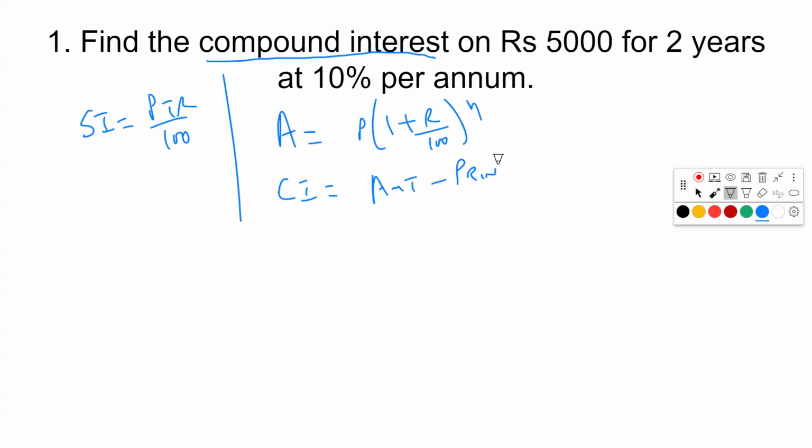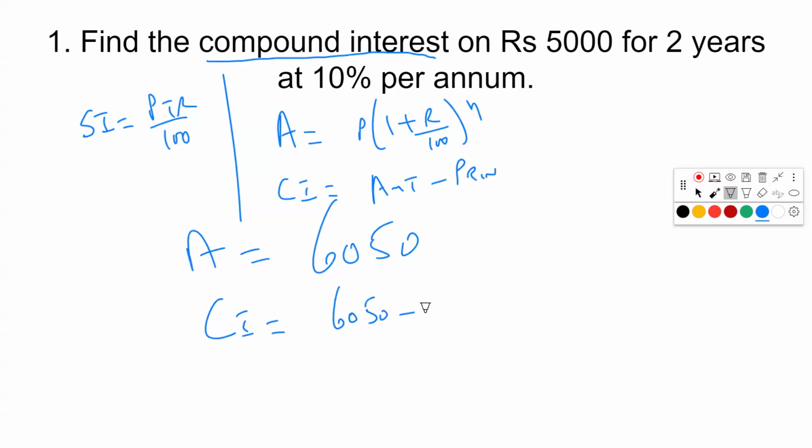So in this case, compound interest is 1050. When you calculate the amount, you apply the formula, P into 1 plus R by 100 power n, and you get 6050. And one more step you have to do, 6050 minus 5000. So your answer is 1050.